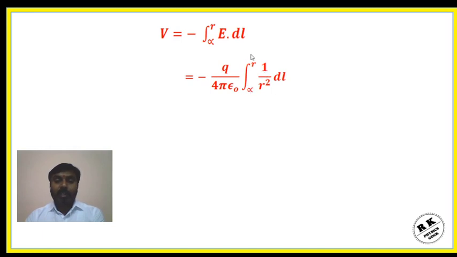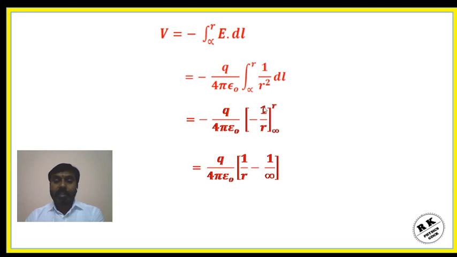Now if we integrate, integral of 1 by r square is nothing but minus 1 by r, and the limits are from infinity to r. If we substitute the limits, the upper limit gives 1 by r, and the lower limit gives 1 by infinity. Minus into minus becomes plus.